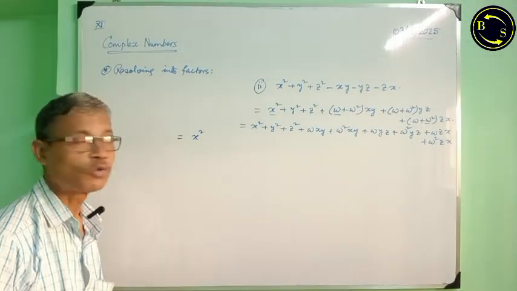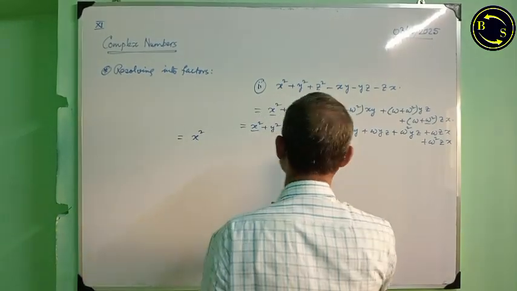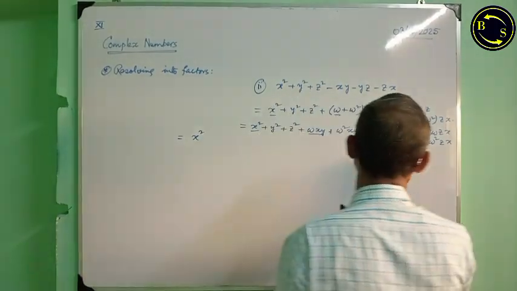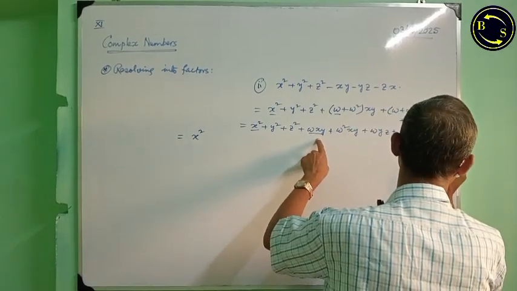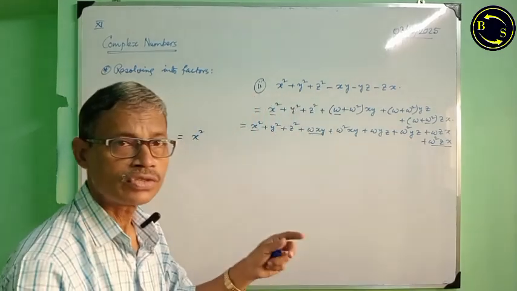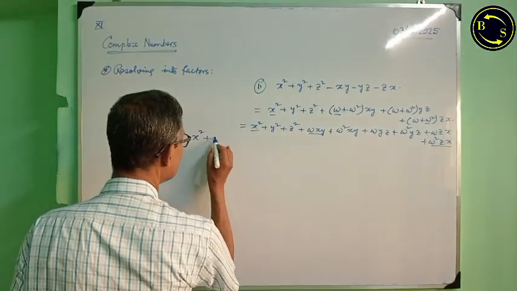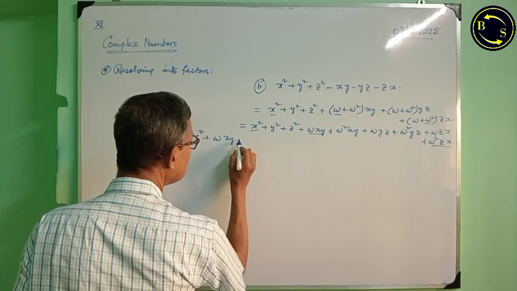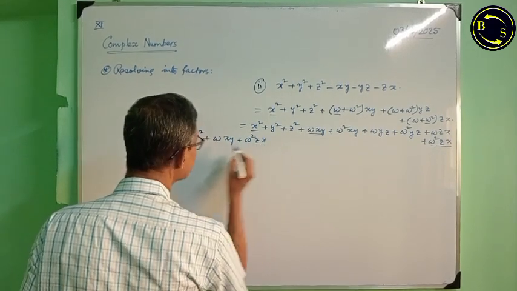Now the selection of grouping: x square term, then xy term, then this term. We take these three terms together: x square plus omega xy plus omega square zx.